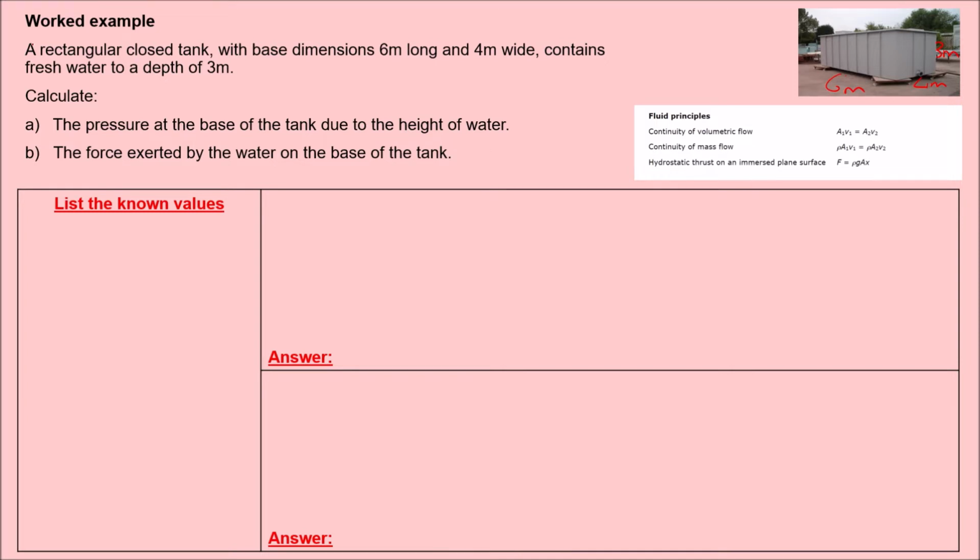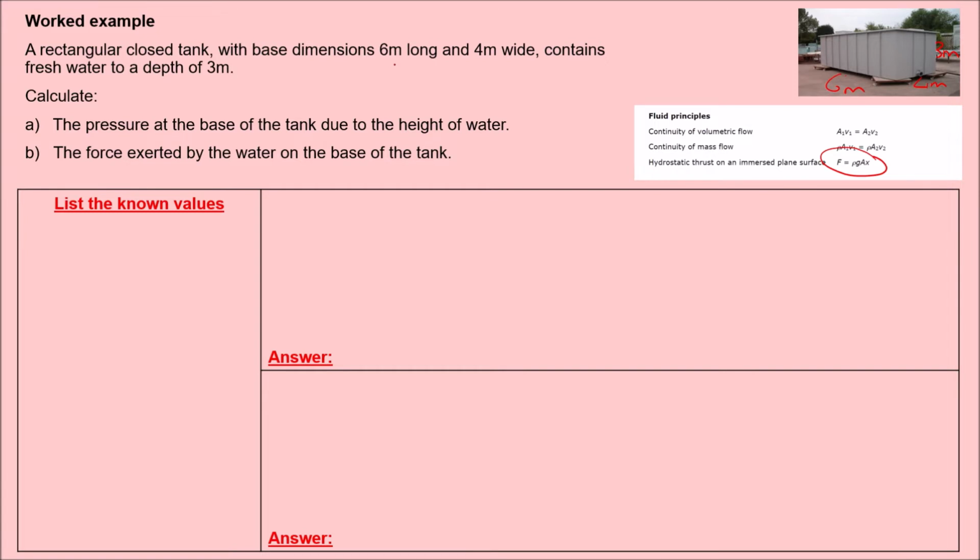Alright, so we'll make a little list of the known values and then we'll start to solve these problems. So pressure is the first bit, force is the second bit. To answer the second section we're going to use that, but we're just going to introduce that pressure calculation first.